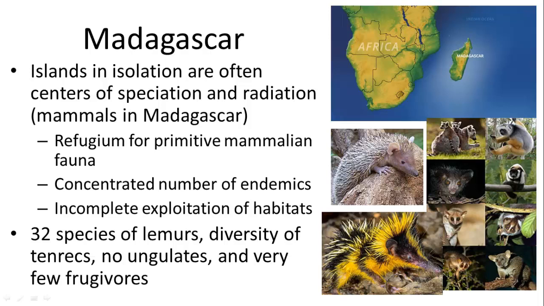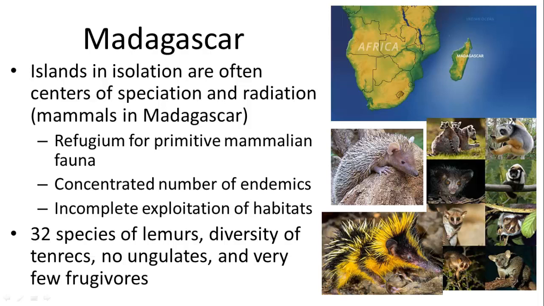And islands which are in isolation are often centers of speciation and radiation of species, such as the mammals in Madagascar. So it was a refuge from the mainland, so anything which came there generally was not competing with other species. And so it has a high concentrated number of endemics.